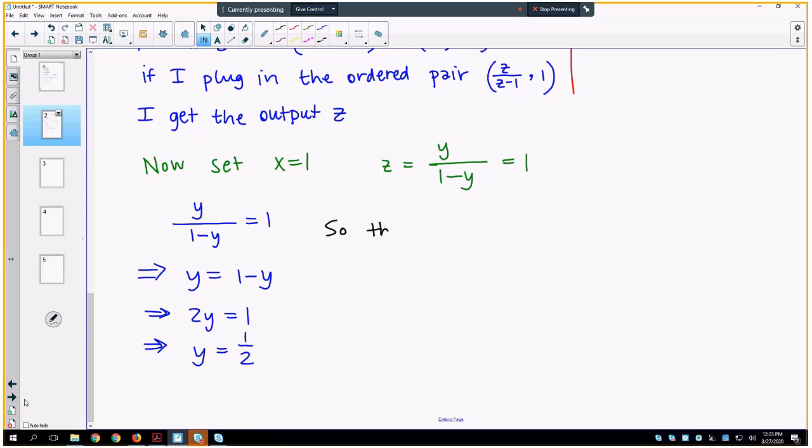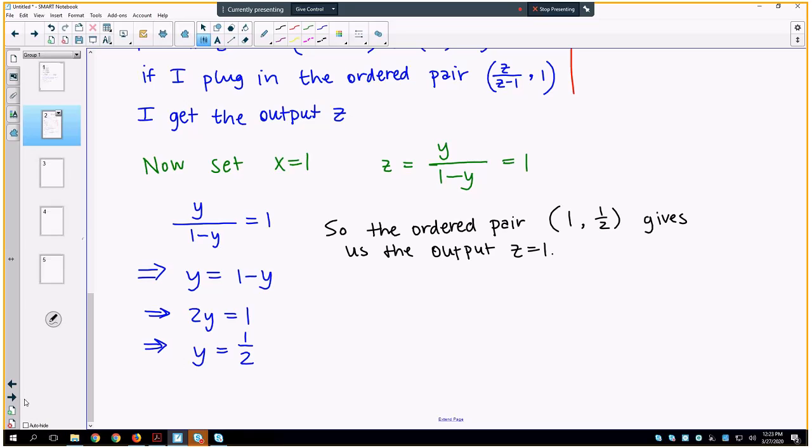So the ordered pair (1, 1/2) gives us the output z equals 1, which was the only one we were missing.